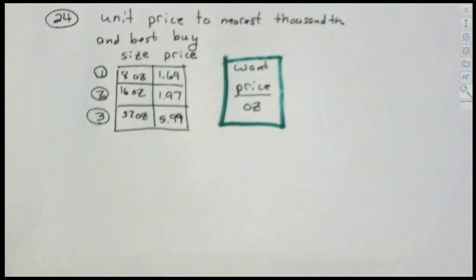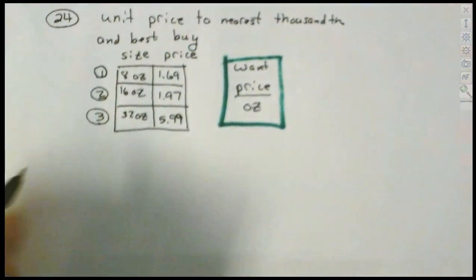Most big supermarkets now have that already filled out at the bottom, where the price has price per ounce. That little yellow box, if you go to Walmart, Dillon's is the same way. Not all places have that. 20 years ago, that wasn't there. That's just kind of a new consumer thing. But we can still figure out, just by giving the size and the price, which one's going to be the better buy.